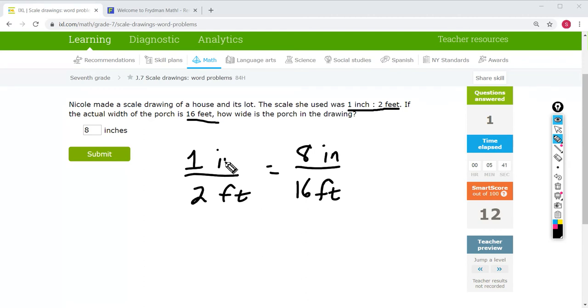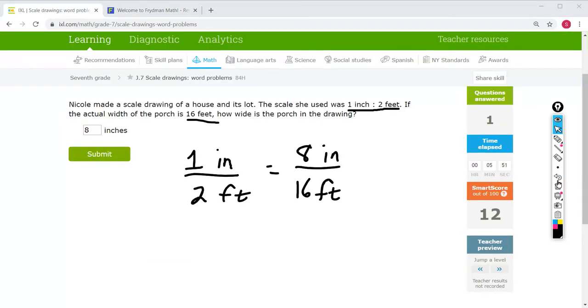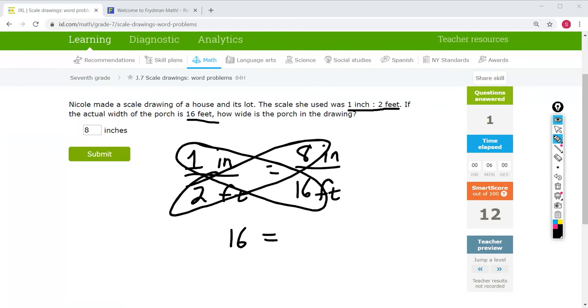And that's actually to do what was written over here on the reference page, which was to cross multiply and solve. So if we do that, we have 1 times 16 is 16. Don't forget the equal sign. 2 times, whoops, my mistake. That was not supposed to be an 8, was it? That was supposed to be an x. All right, so we have 2 times x is 2x.